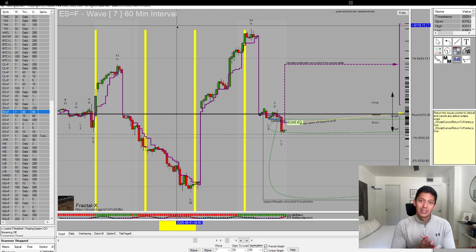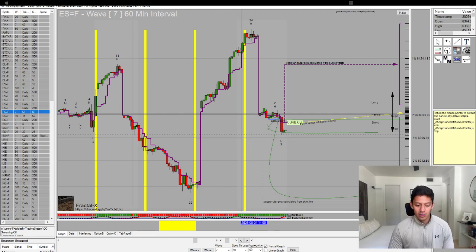Wave 7 is a very commonly used wave setting for the hourly time frame. You could use wave 10 and 20 as well, which are very common. For the daily time frame, wave 1, wave 7, wave 10, 20, 50. Really, there's a lot of options.